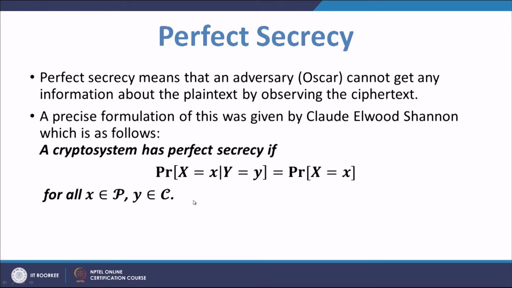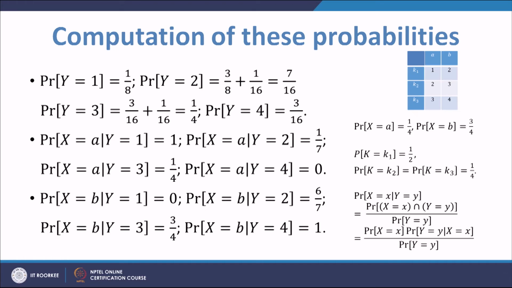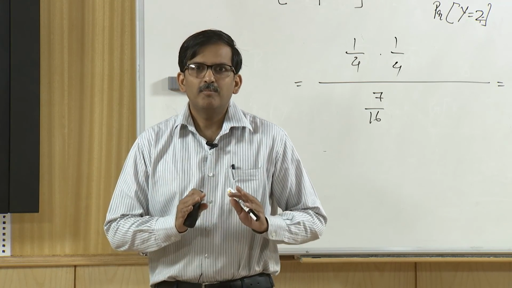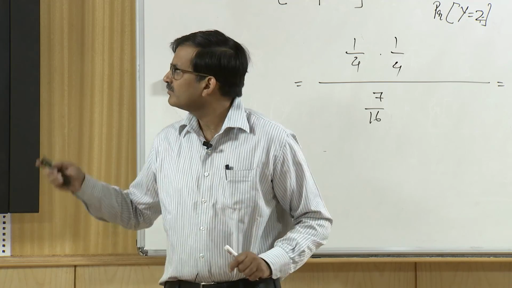If you look at this cryptosystem that we have seen, we see that probability of x equal to a given y equal to 2 is 1 by 7, whereas probability of x equal to a is 1 by 4. Therefore, it proves that it does not have perfect secrecy.